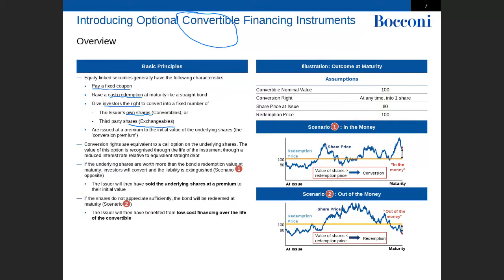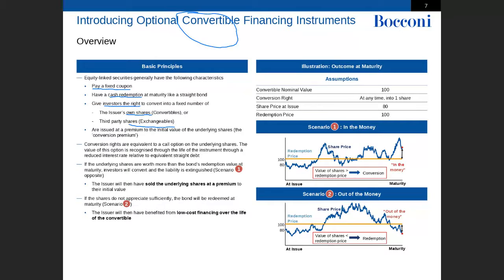So in the case of Nexi, you have a bond convertible into Nexi shares, but you could have, for example, a bond of Armani convertible into Luxottica shares. In that case, you have a bond exchangeable into Luxottica, so not into the shares issued by the issuer itself.